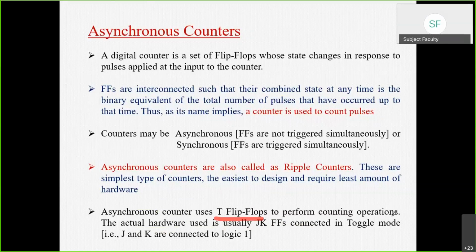Because what is the function of a counter? It is used to count the number of pulses. But we know that a T flip-flop is actually a JK flip-flop.